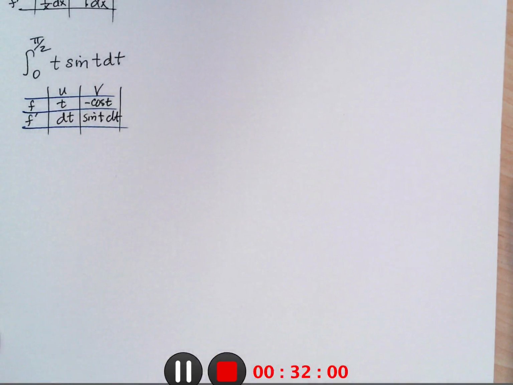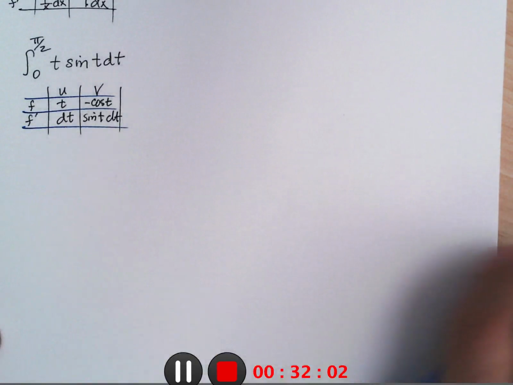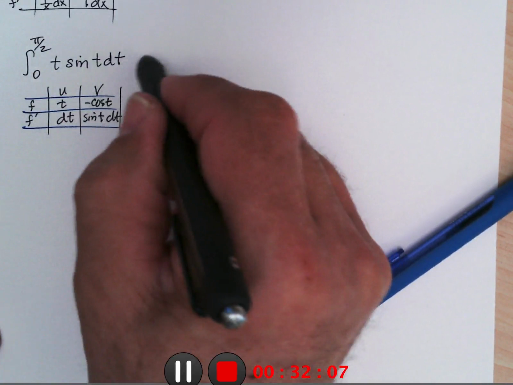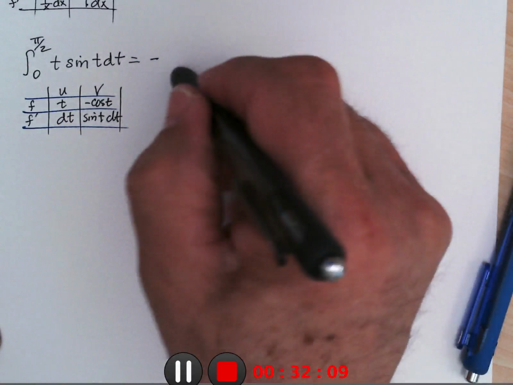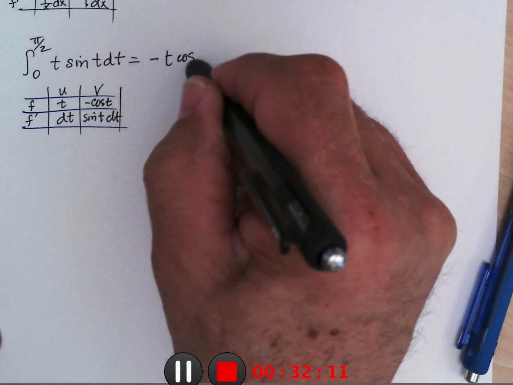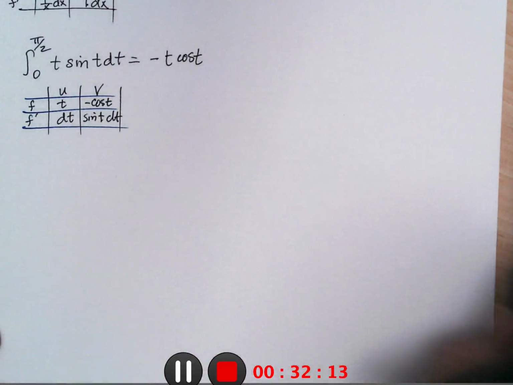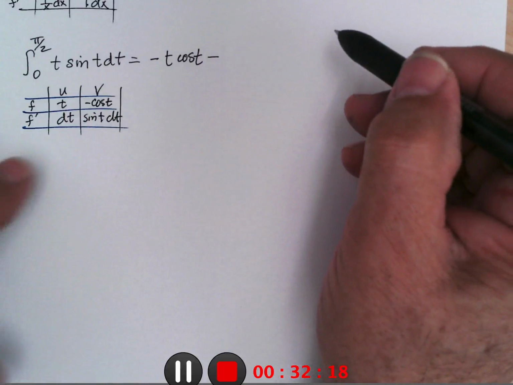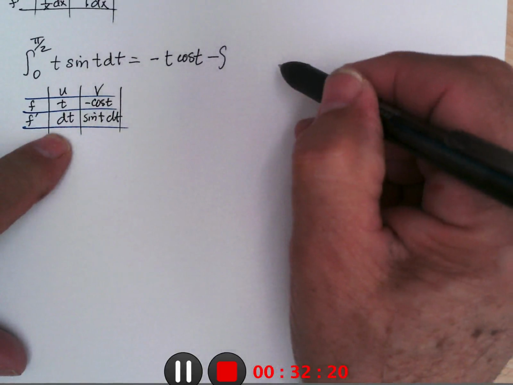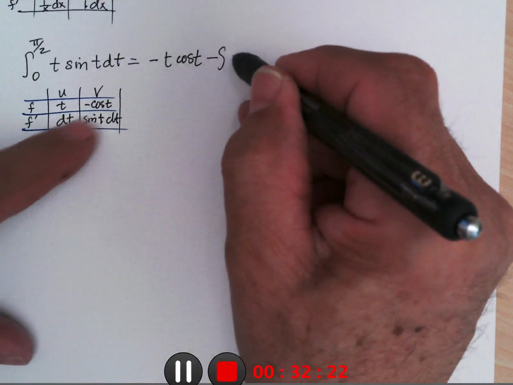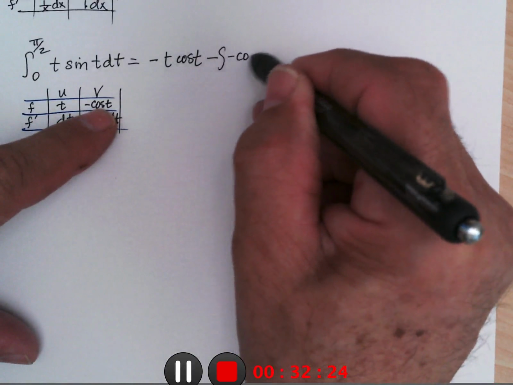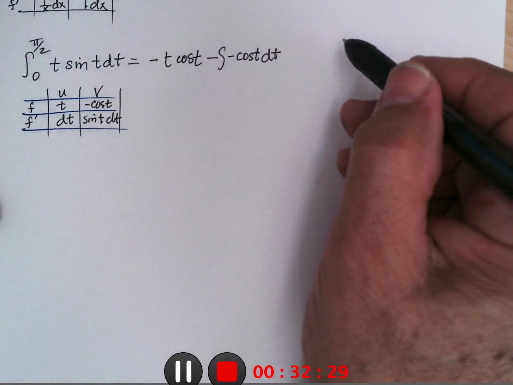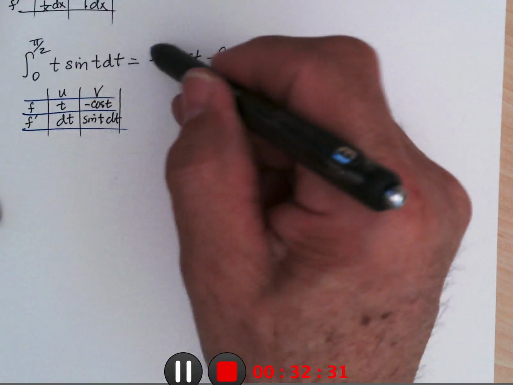So, filling out here, we got t times v, uv is negative t cosine t. And then we have minus the integral, the antiderivative of these two, which is minus cosine t dt. And so I need to evaluate this between 0 and pi over 2.